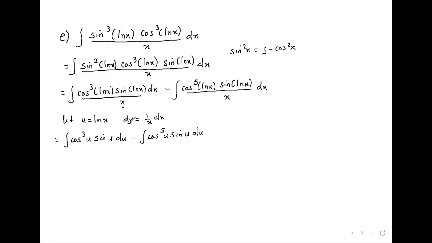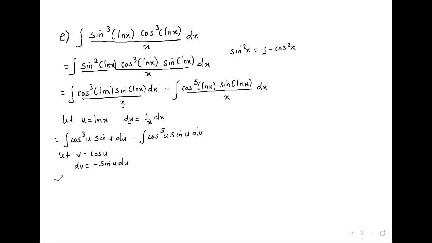Then that's when we say, okay, let v now be equal to cos u. Then dv is going to be negative sine u du.